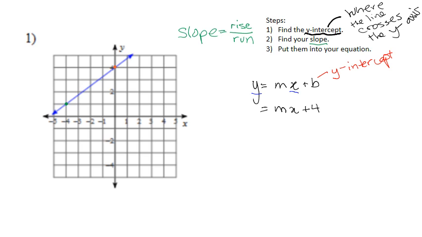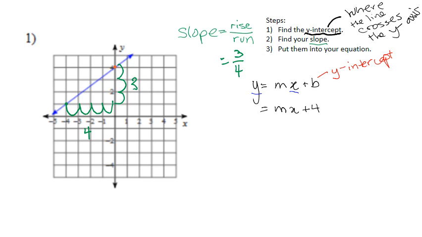So I need to find my rise and my run. We'll do run first. Run is 1, 2, 3, 4. And I have a rise of 1, 2, 3. So my rise over my run is equal to 3 over 4.